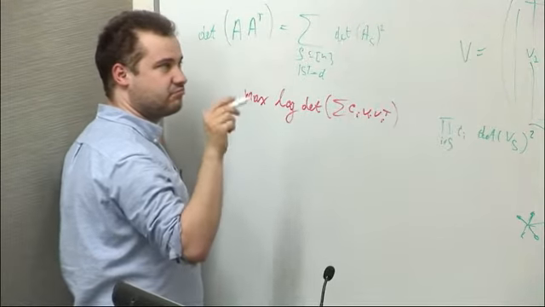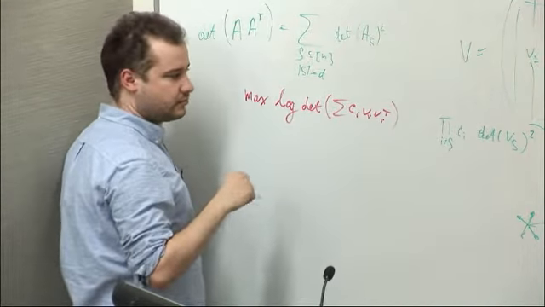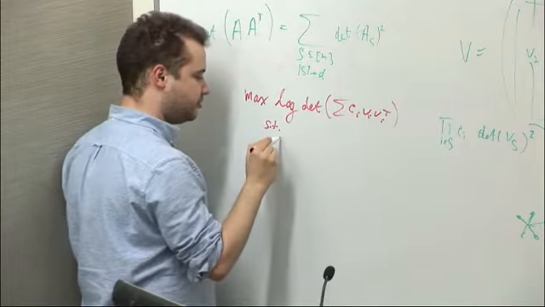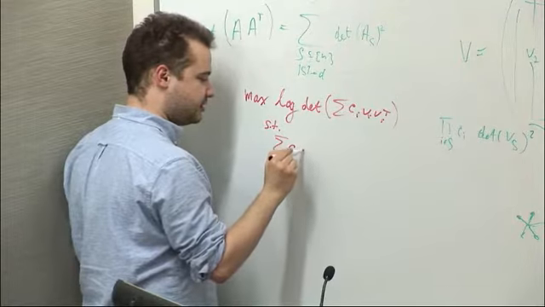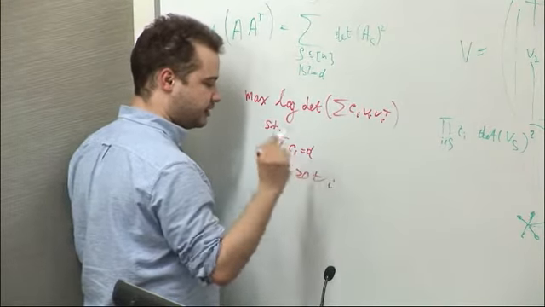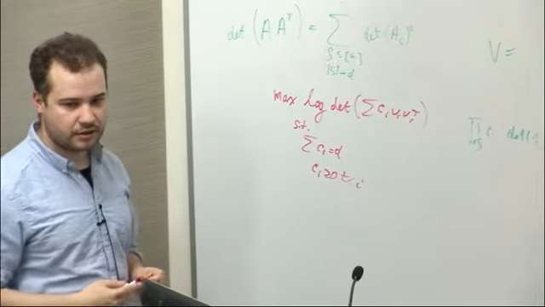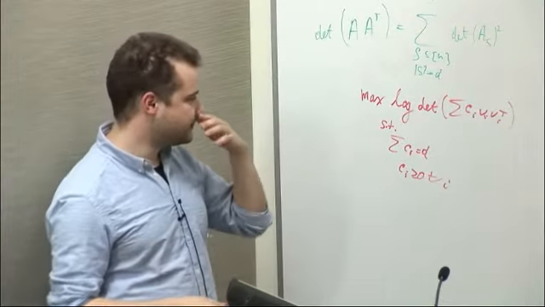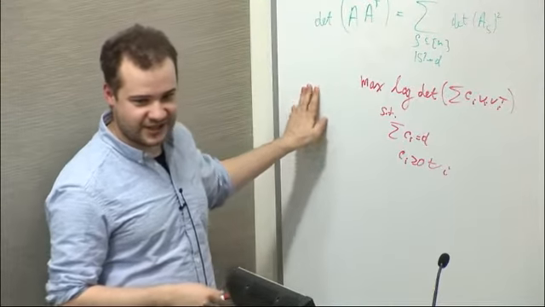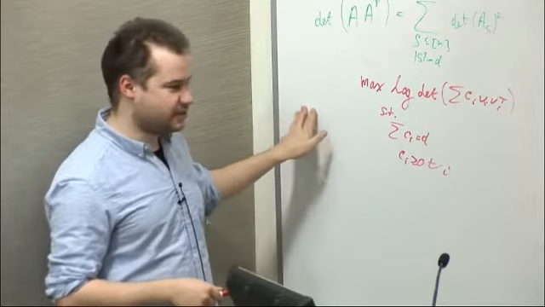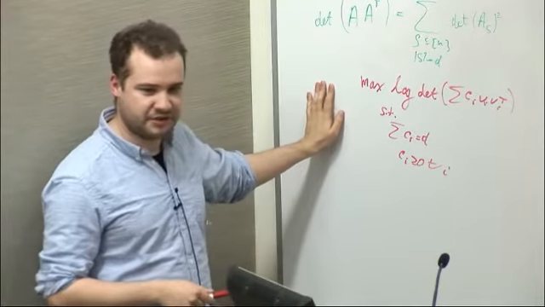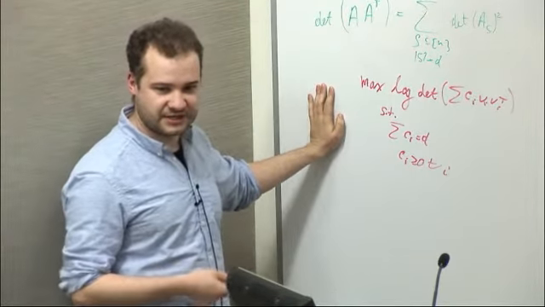The variables are ci, subject to summation ci equals d, ci bigger than 0 for all i. So you can see immediately that that's a convex relaxation. It's just not how I came up with this, and it doesn't allow me to easily generalize it to the general j case.